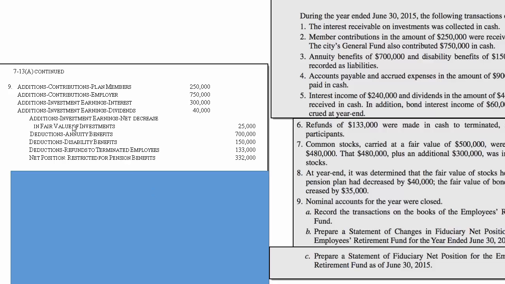All the additions get debited. We've got the other accounts, additions, investment earnings, net decrease in fair value of investment, that gets credited for the proper amounts. We've got the deductions that gets off the books, and we wind up with a credit to net position restricted for pension benefits of $332,000. So you want to study that entry and make sure you understand where the amounts come from.